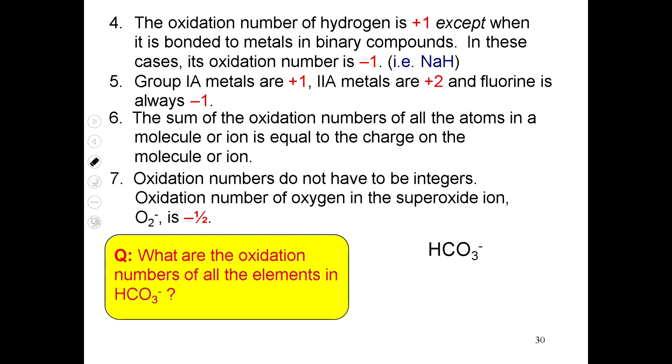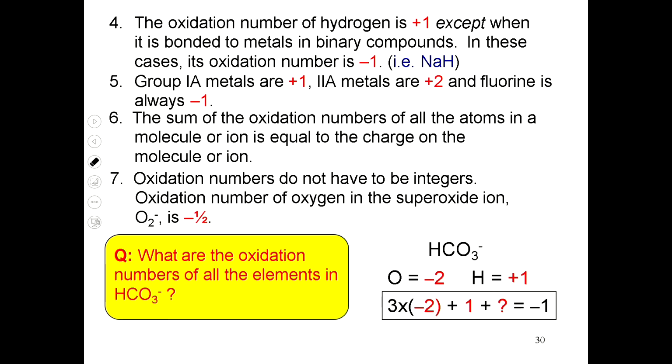So hydrogen, oxygen is -2, right? Hydrogen is +1. There are 3 oxygens and 1 hydrogen, and finally the whole molecule should be -1 charge. So from here, what is the charge of the carbon?